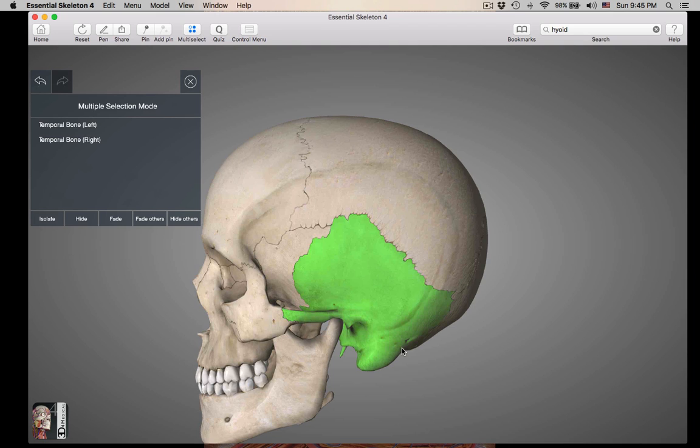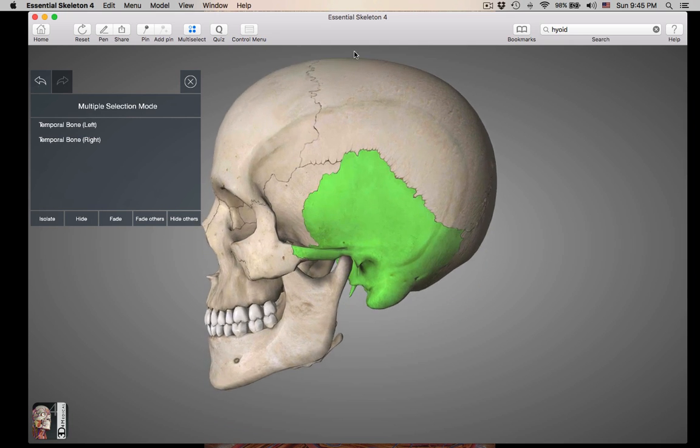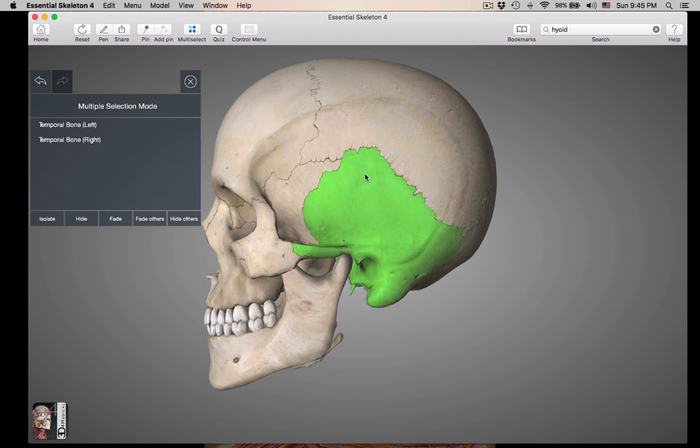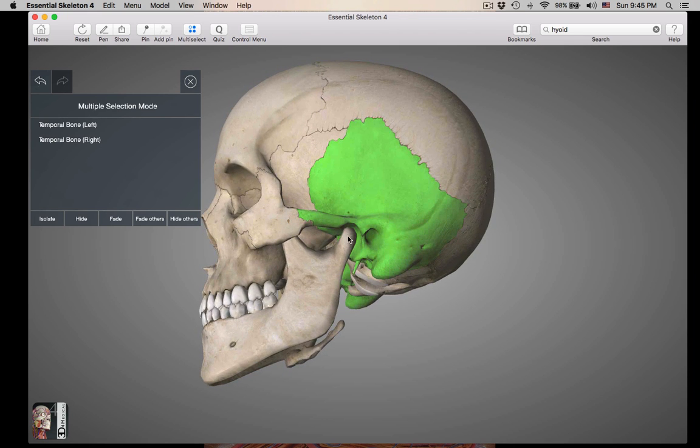Then we're coming to a fossa, the mandibular fossa. Let me move this up a little bit. So the mandibular fossa. A fossa is a shallow basin in a bone. So a shallow depression in a bone.